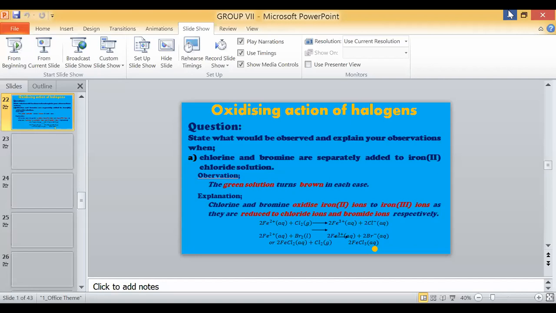So what do you expect to be observed? What do you expect to be the observation? Can anybody predict the observation for that reaction?